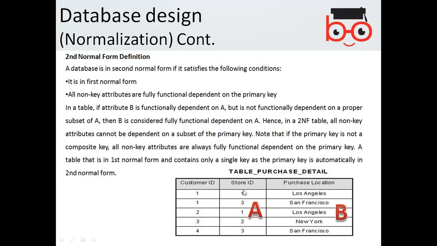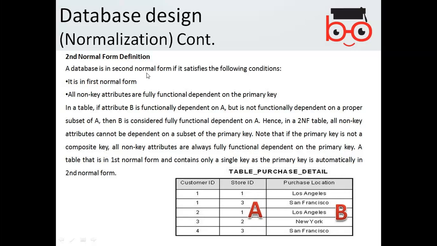For example, there is a purchase detail that customer ID 1 purchased from a particular store 1, which is located in Los Angeles. If you have a table in front of you, Los Angeles is dependent on store ID, and store ID is dependent on the customer. So that is basically violating the second normal form.